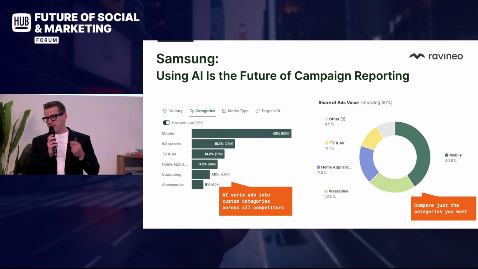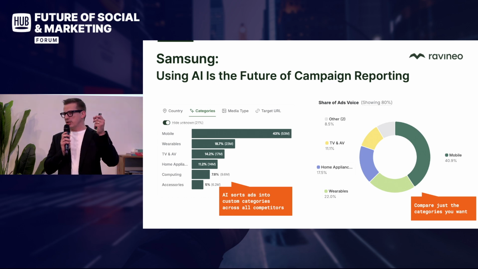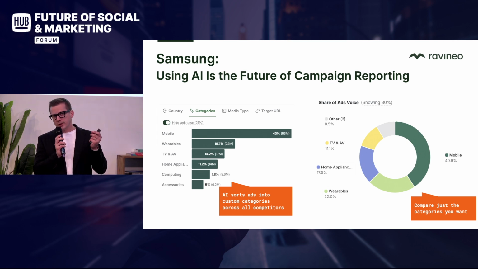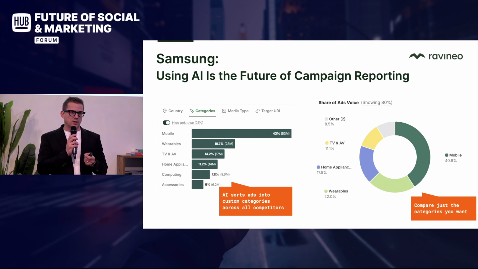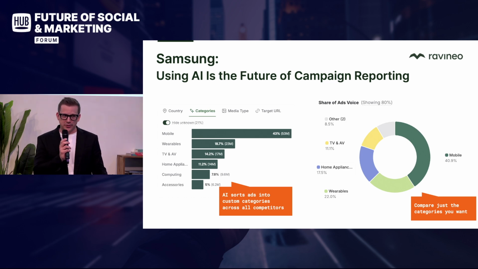So if they want to look at themselves or their competitors, this takes one click, essentially filtering categorically how much have they spent across mobile, wearables, which for them is one, two subcategories of the same team, then home appliances, TV. Those are different marketing teams inside of Samsung. So they each get their individual report with one click, all filtered for themselves and all their competitors.